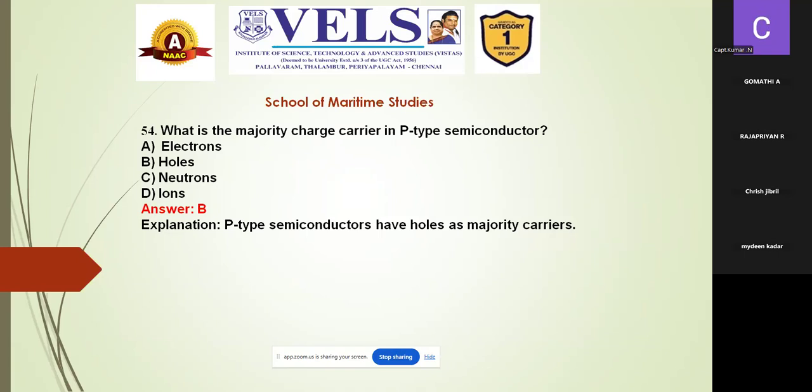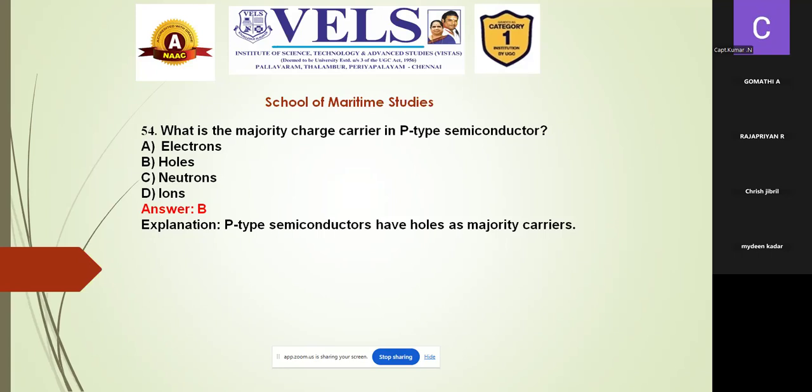Based on the band gap energy, materials are classified as conductors, insulators, and semiconductors. If the band gap energy between the valence band and the conduction band is large, they are insulators. If the band gap energy is medium, they are semiconductors. If there is no band gap, the valence band and conduction band overlap, which means conductors.